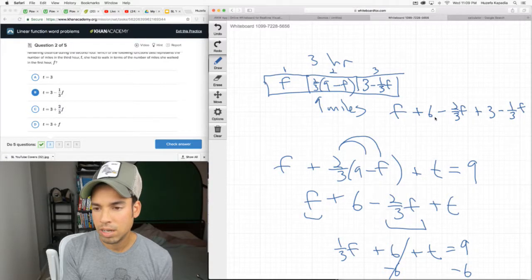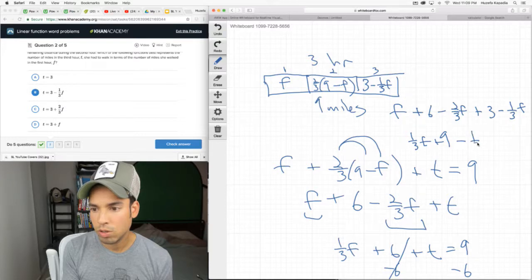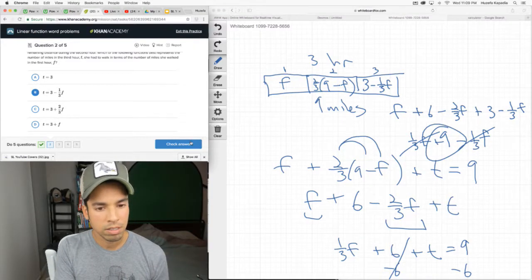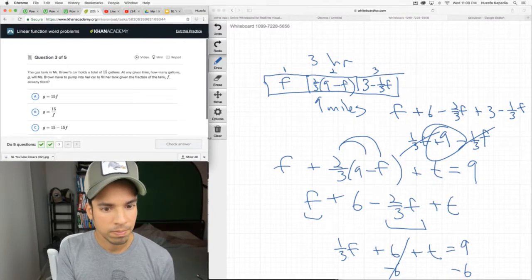So these should all add up to 9. 6 plus 3 is 9. F minus 2/3 F is 1/3 F, plus 9, minus 1/3 F. These guys cancel out with each other, right? 1/3 F minus 1/3 F. And we do get 9. So I feel pretty good about this. It's probably right.